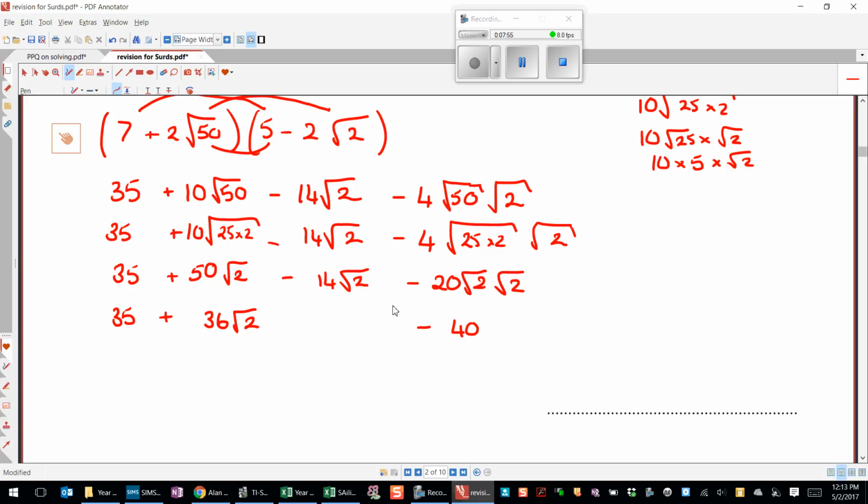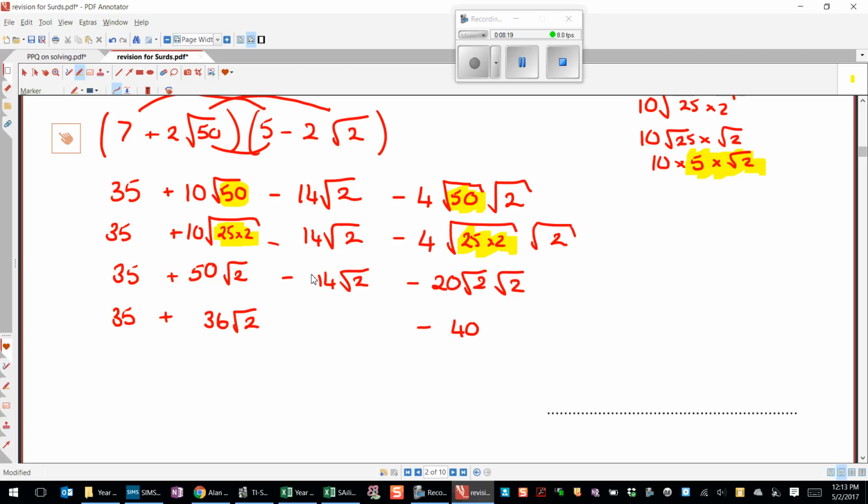So just to go through then, what we've simplified is root 50 has changed to 5 times root 2. So all of the root 50s have changed to 5 root 2s. So 4 times 5 root 2 makes 20 root 2.